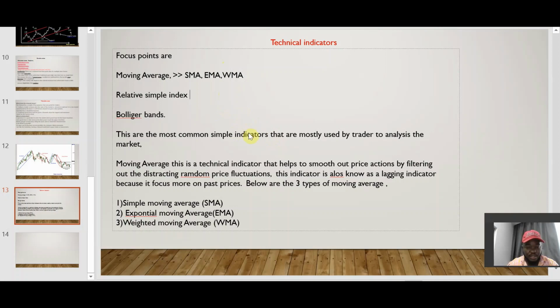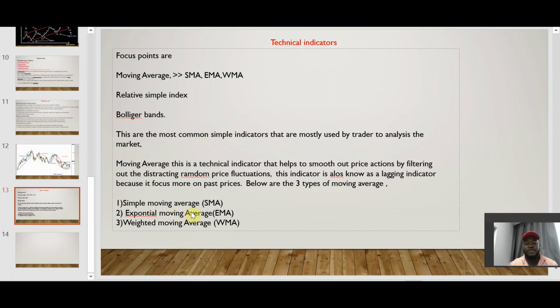The total divided by the period determines the average of that chart. Do you understand? If you don't understand, then you have to go and practice. SMA means the sum of the current prices over the time frame divided by the period. This helps you to get the actual moving average. I'm talking about the SMA.